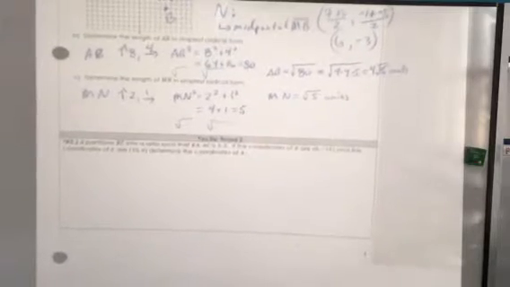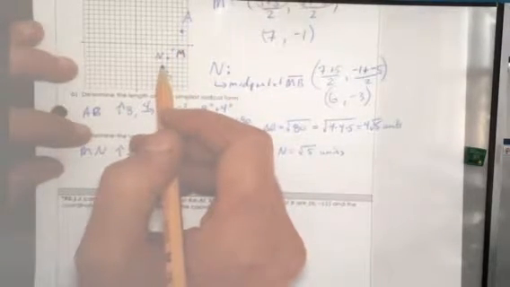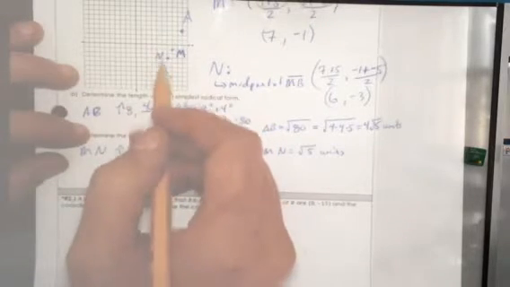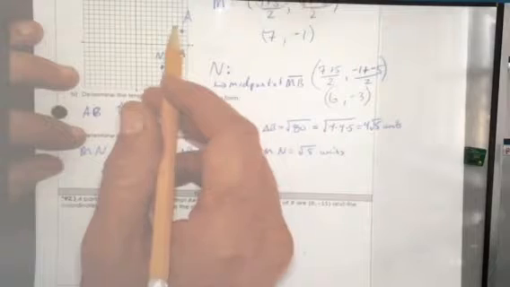Okay, item B, determine how long AB is in simplest radical form. So that's the long segment. So from B to A, we go up 5 plus 3. We go up 8 units and we go right 4 units.